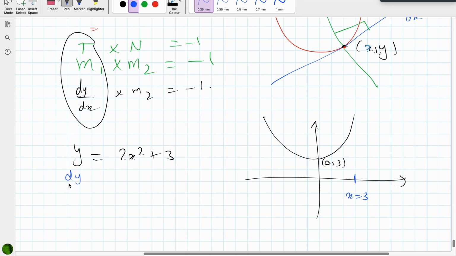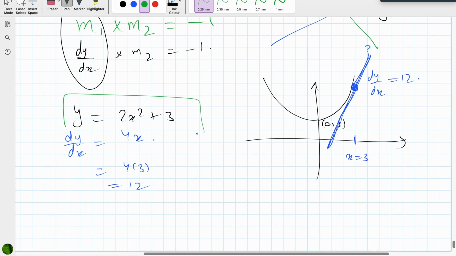So we do dy by dx is equal to 4x. And when x is equal to 3, the gradient is 12. So at x equal to 3, if we draw a tangent, we know that dy by dx for this line when x is 3 is 12. Are you with me on this?